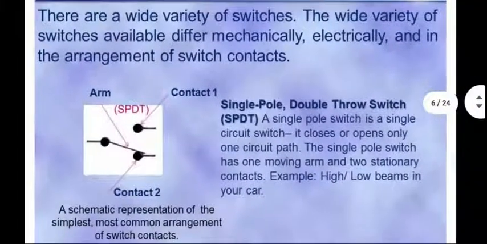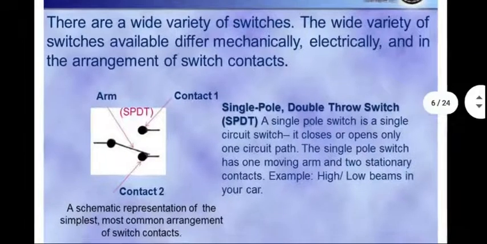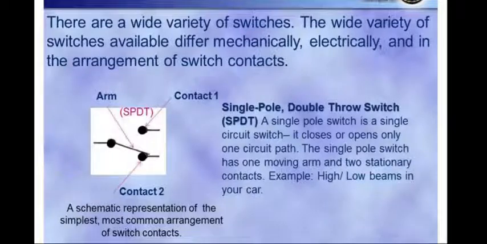Single pole double throw switch schematically is shown here. It closes or opens only one circuit path. There is a moving arm that is used.